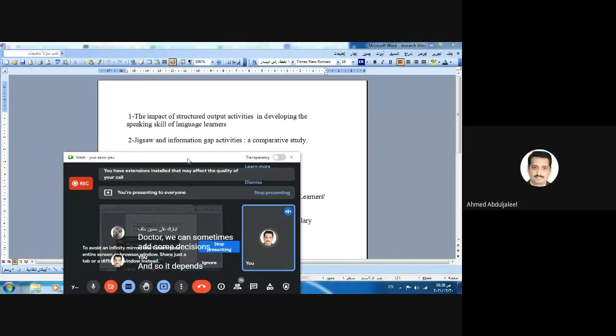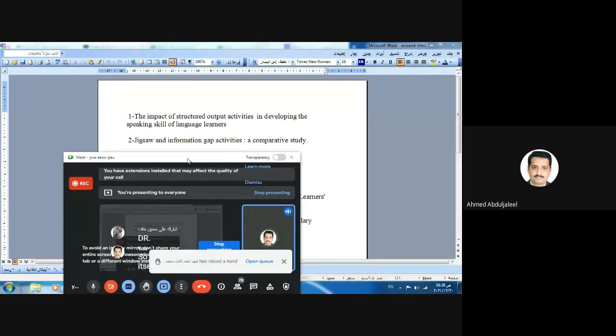Suppose that you have something about literature. You are going to tell me something which is different from other fields of study, just like linguistics or even methods of teaching. So it depends on the title itself. The points will not be the same for all students, according to their own title.